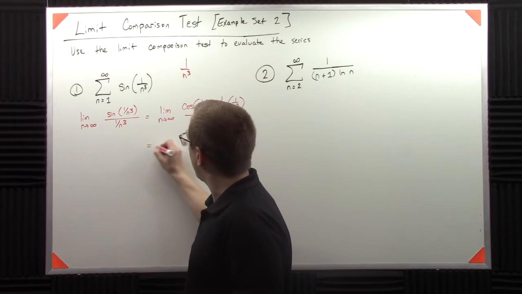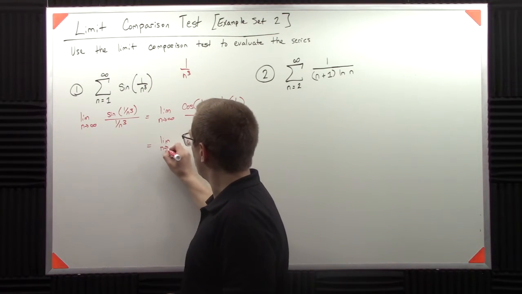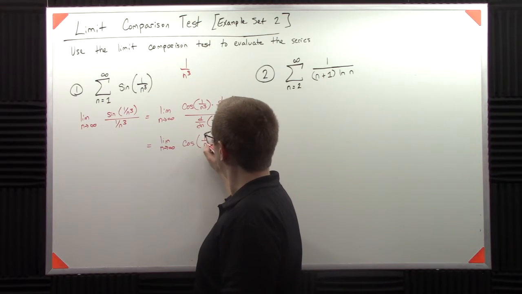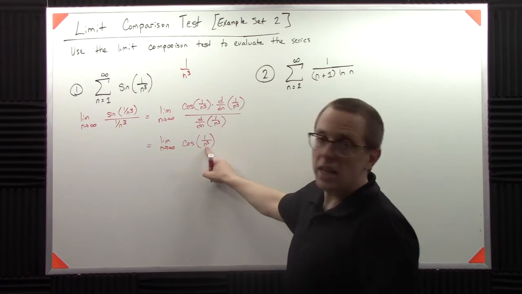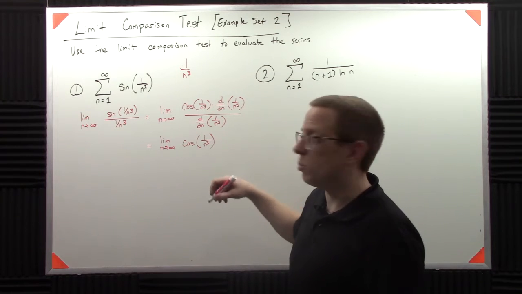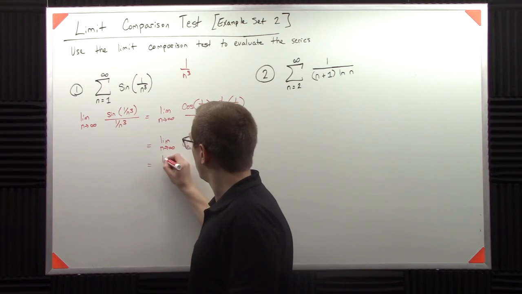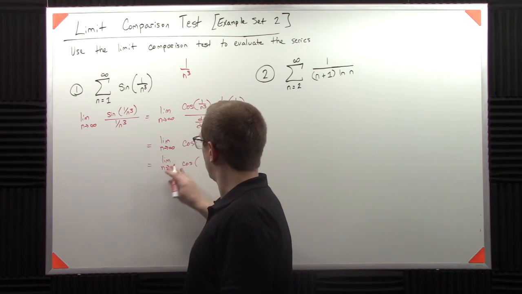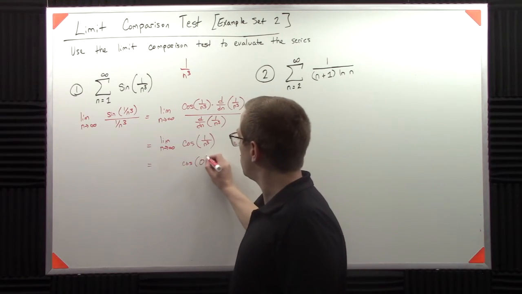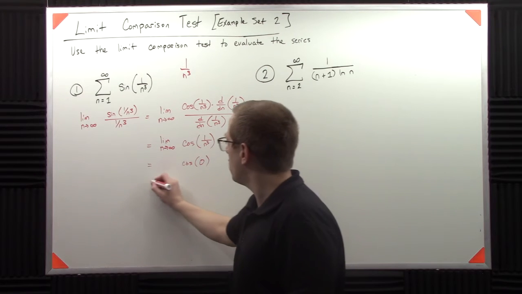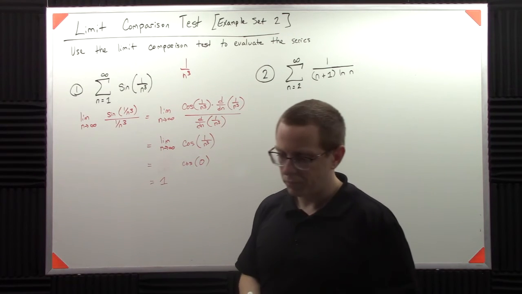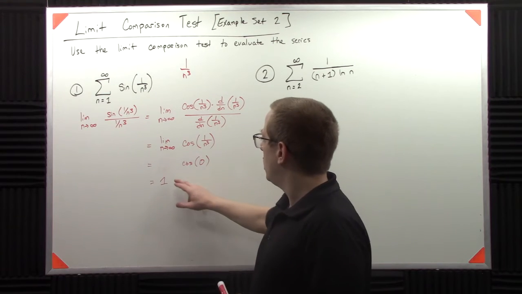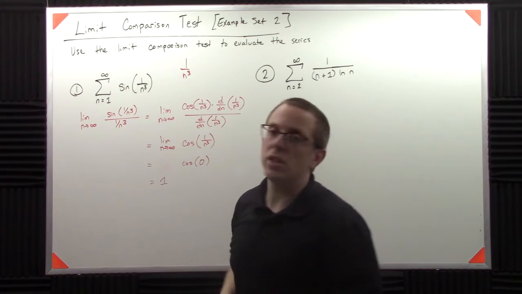So what we really have is the limit as n goes to infinity of cosine of 1 over n cubed. Now as n gets large, 1 over n cubed gets really small. So that gets me cosine of 0, and cosine of 0 is 1. Since that limit is 1, we know these two have the same convergence behavior.